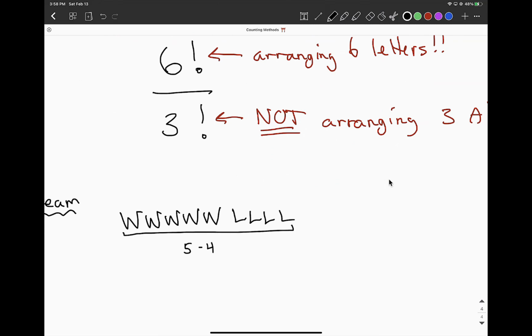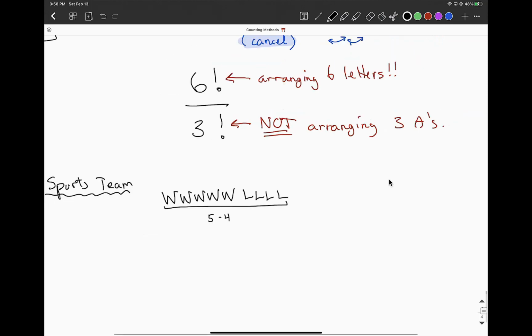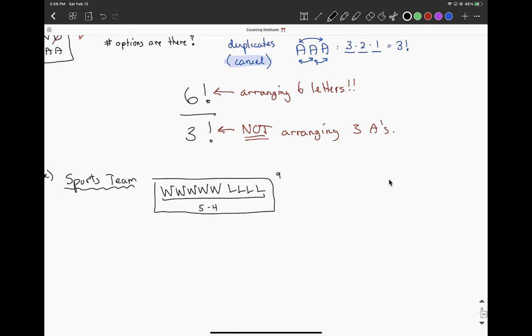Did they have to win all 5 first? Could they have won and lost? Could they have alternated? How many ways are there to arrange 9 of these games where 5 of them are wins, 4 of them are losses?